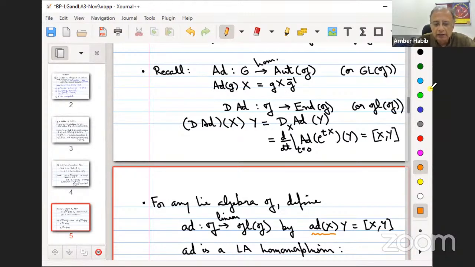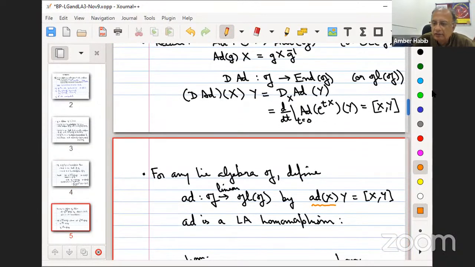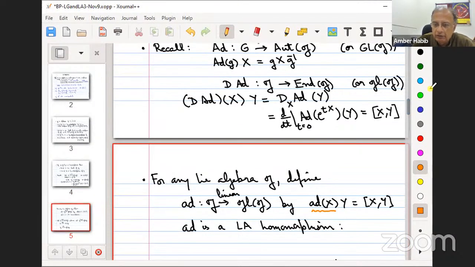And so I get a map ad, now with little a, and this ad goes from the Lie algebra to all the linear maps on the Lie algebra. And one can check that this map, little ad, is a Lie algebra homomorphism.